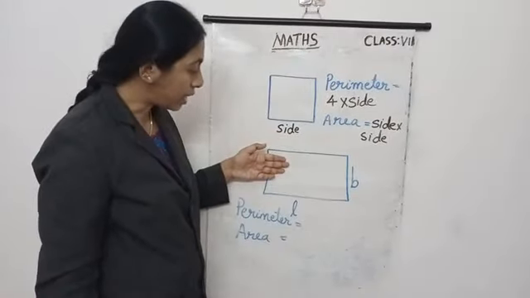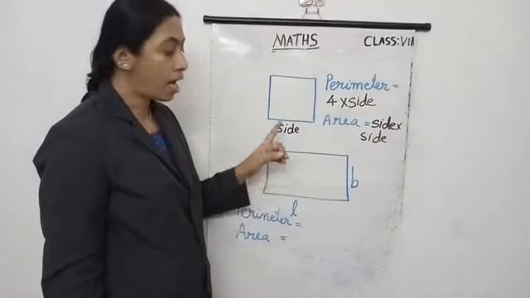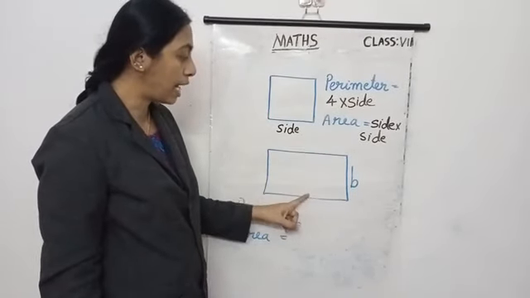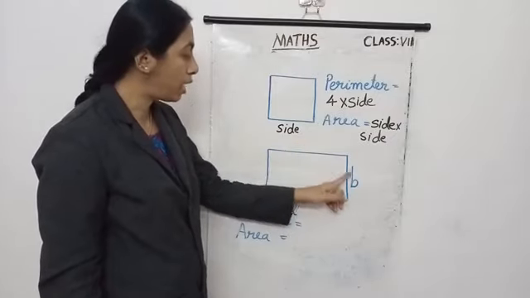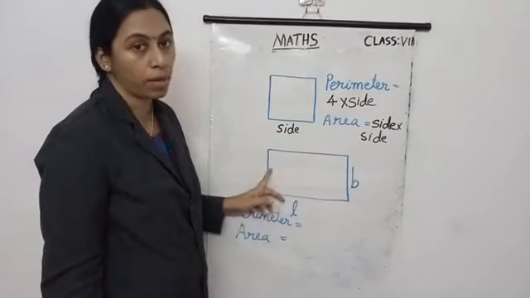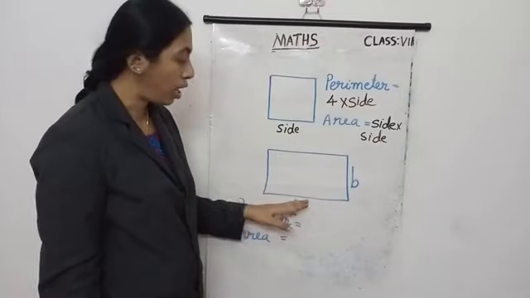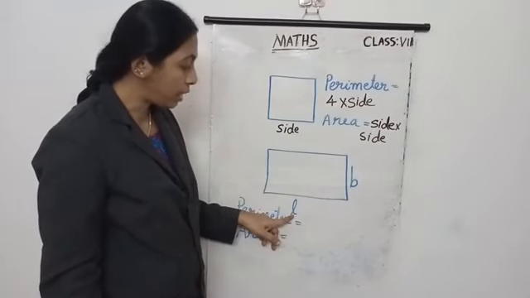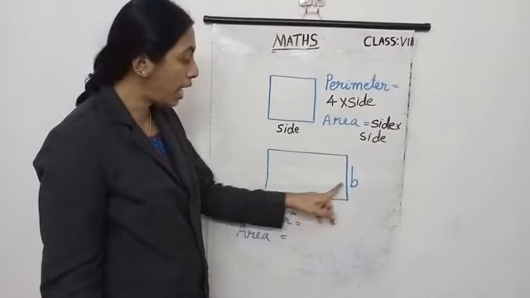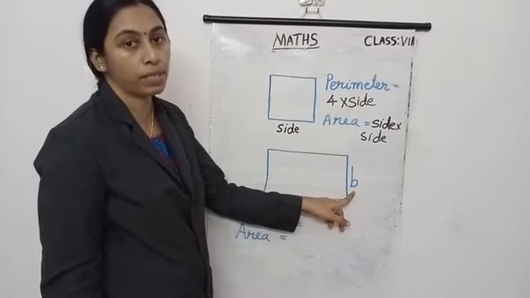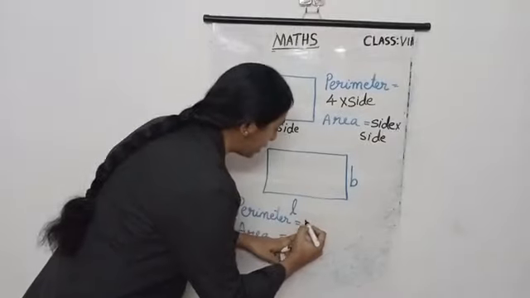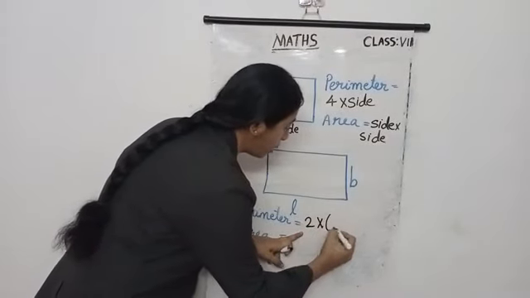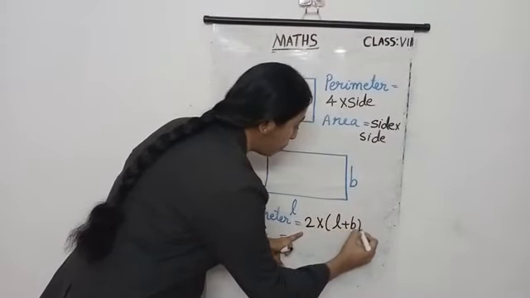This is a rectangle. In a rectangle, both lengths have the same measurement and both breadths have the same measurement. Two sides are equal. The length is represented by small letter L and the breadth by B. So perimeter of a rectangle is equal to 2 into (L plus B).